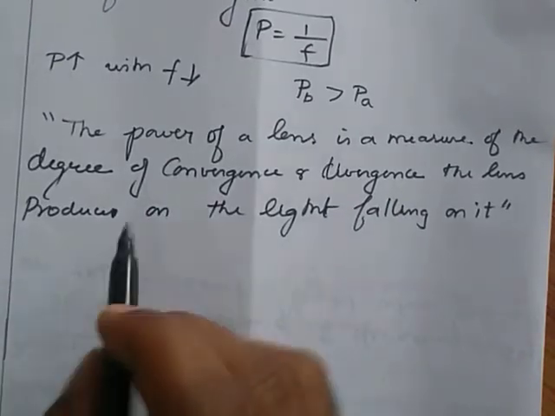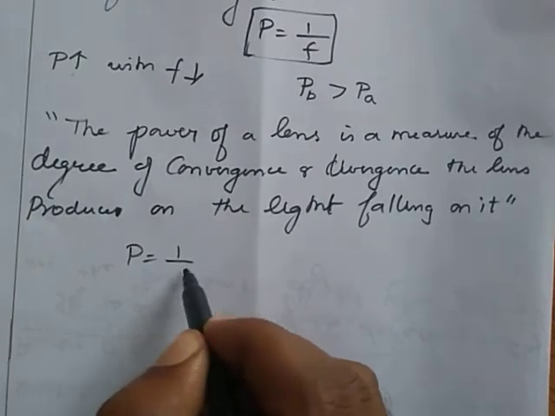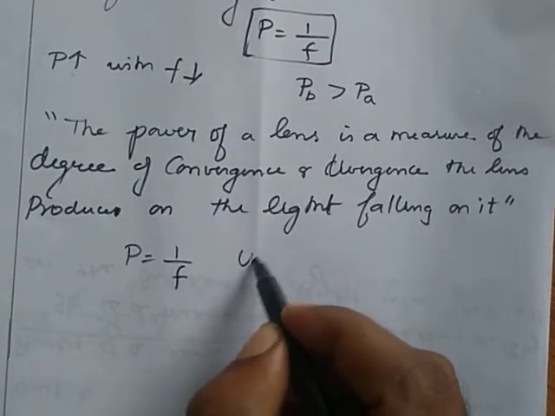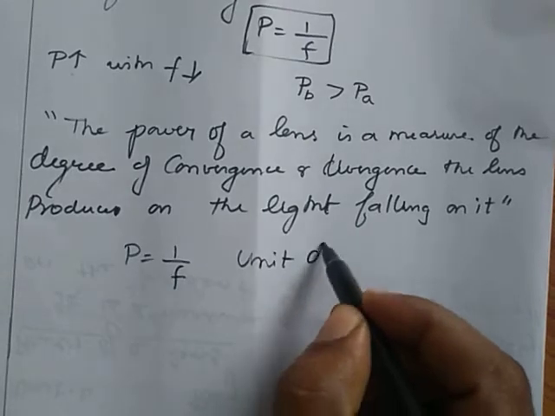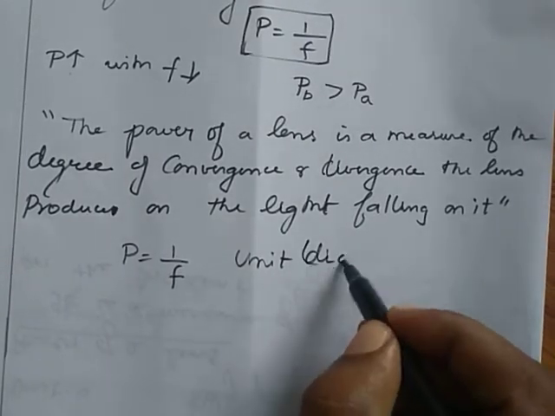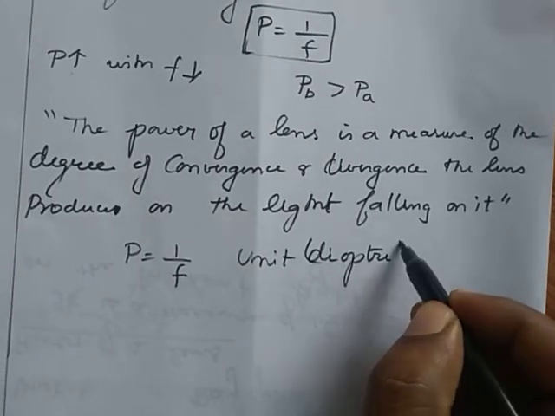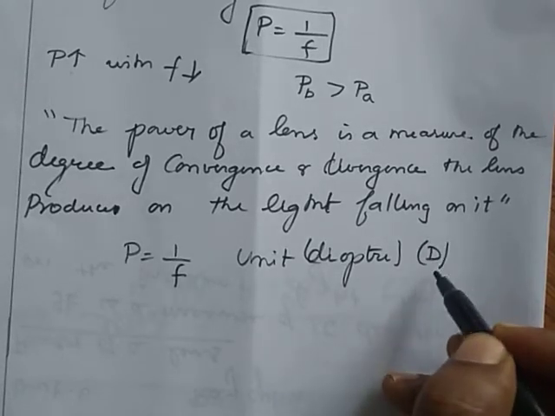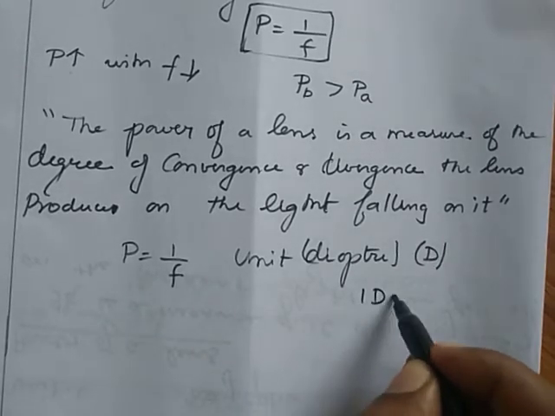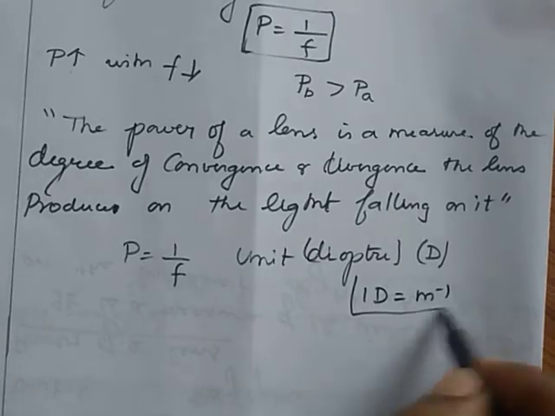We know power of lens P is equal to 1 by F. Then the unit of power of lens will be diopter. It is represented by the symbol capital D. 1 diopter is equal to meter power minus 1.